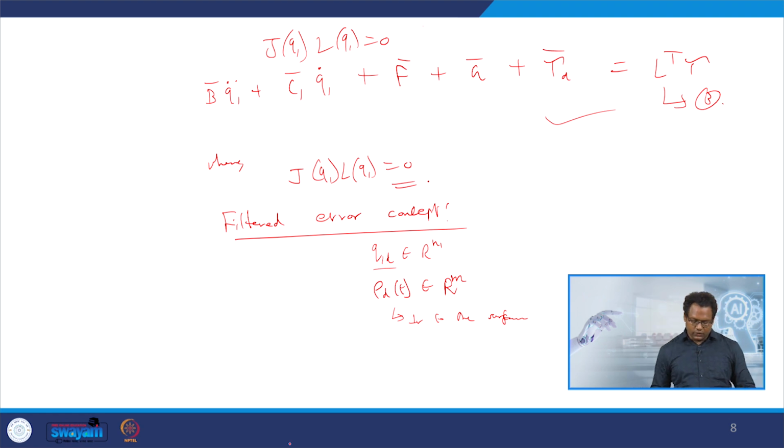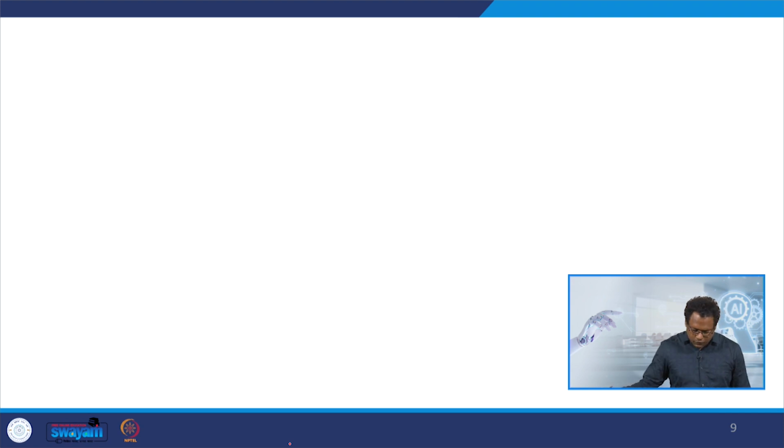Okay, so now let us see. To design this hybrid position force controller, we need to follow the filtered error approximation. Let us talk about the motion error that is given by Em equal to q1d minus q1, let this be equation number 4.